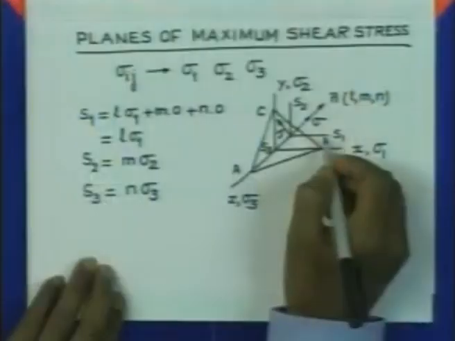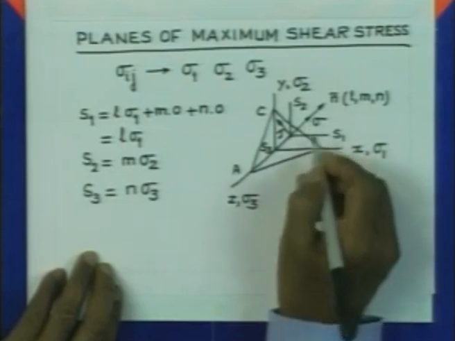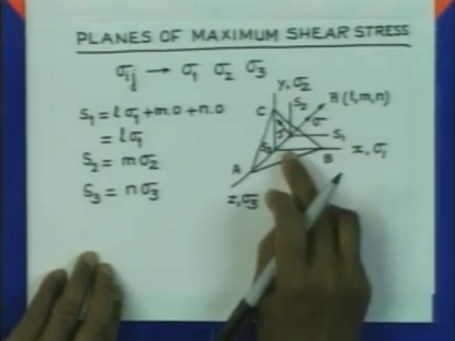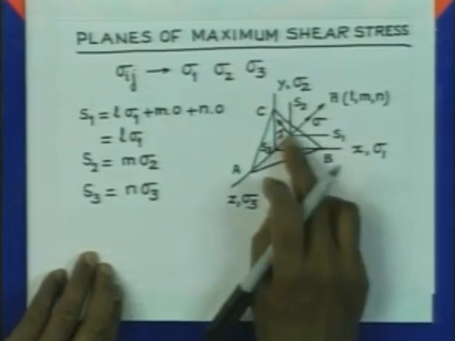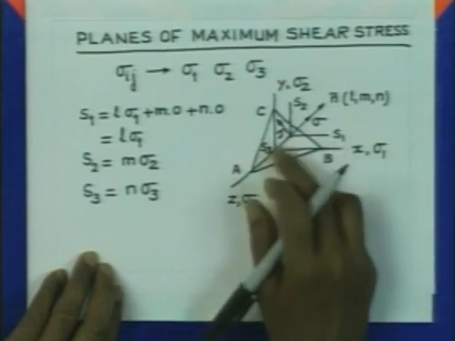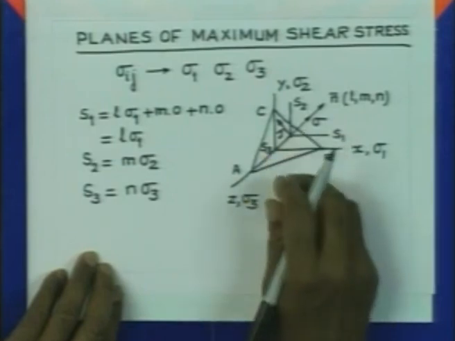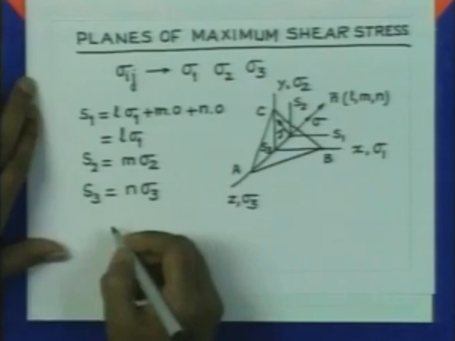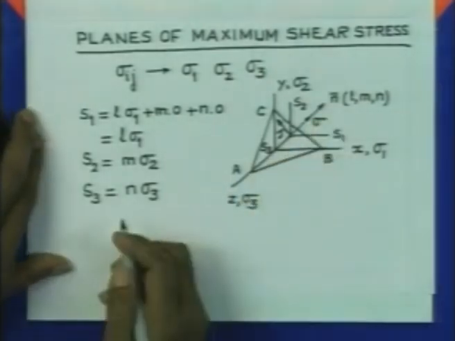Now, if we try to consider the normal stress, since these are the tractions on this plane, the forces acting on this plane would be nothing but the area of this plane multiplied by the traction. So, there will be 3 tractions acting in the 3 orthogonal directions, and if we take the component of those tractions in the normal direction, that should give us the sigma stress.